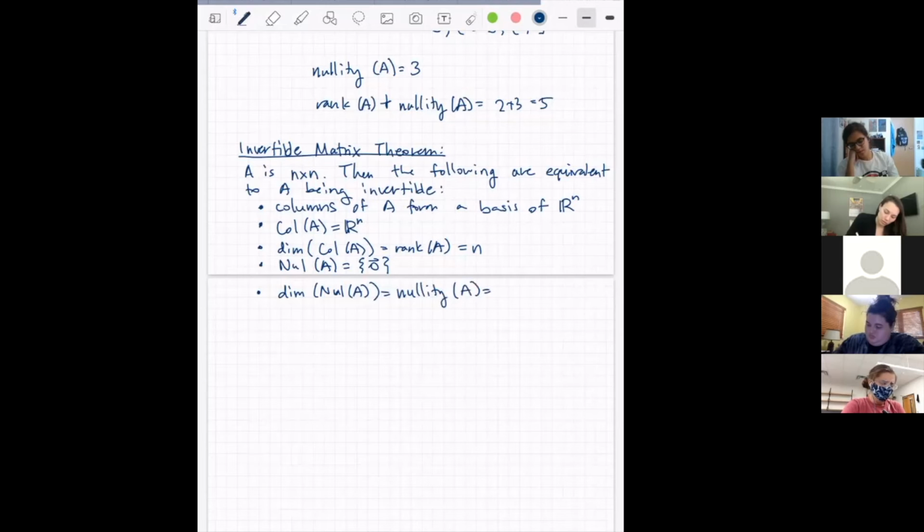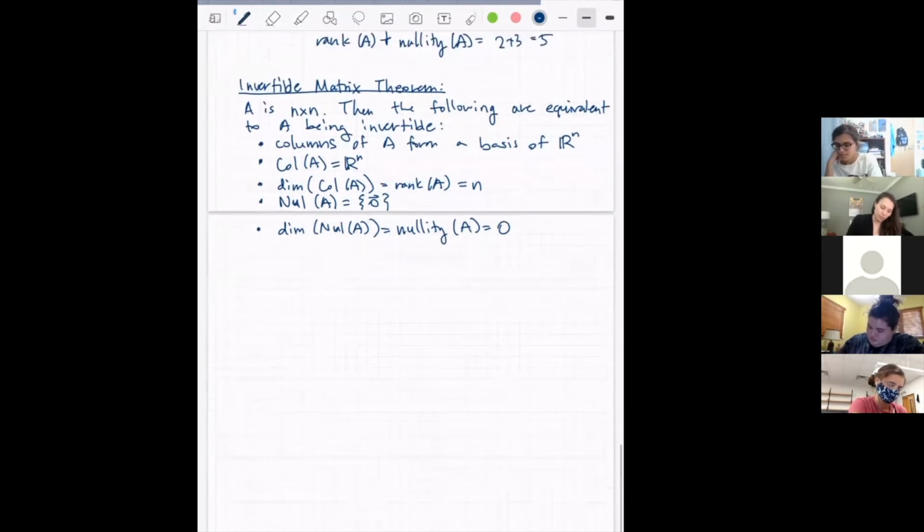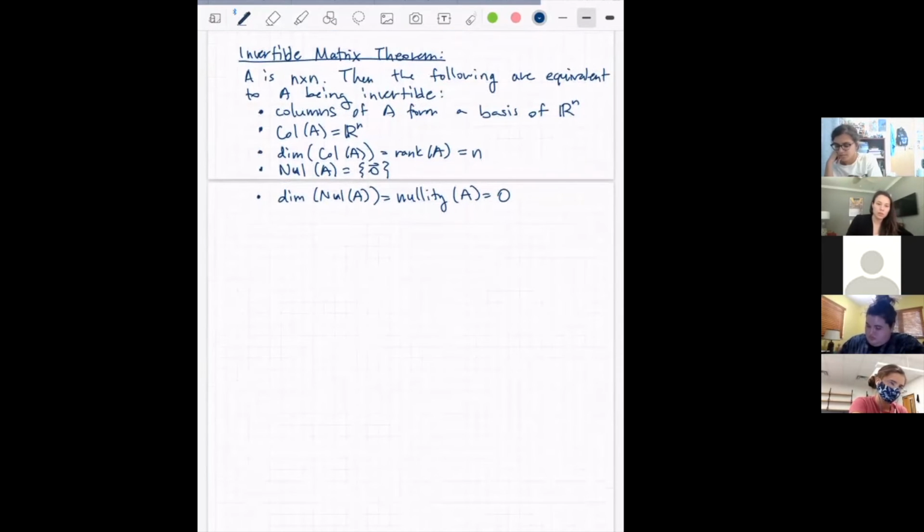So these two things are equal, and they will be 0 if A is invertible. Okay. So that concludes section 4.6. That's everything we're going to talk about from that section. And then we are going to talk a little bit about 4.7, and then we'll take the quiz.